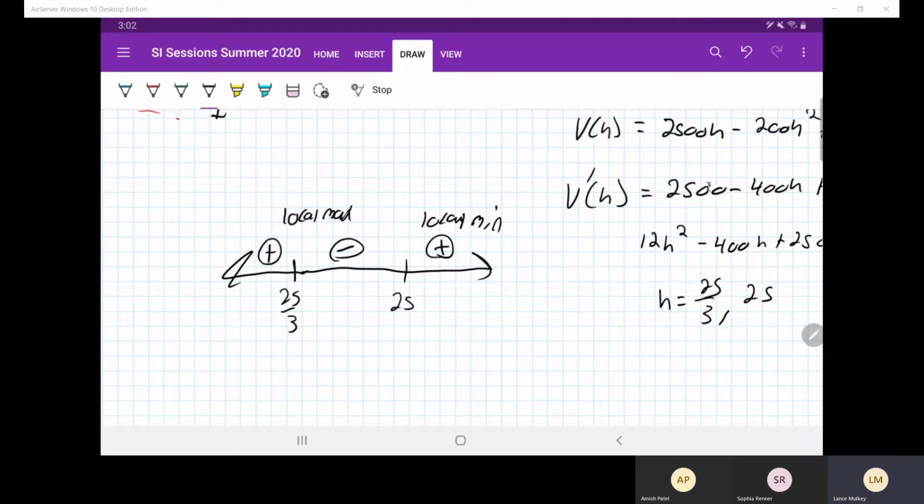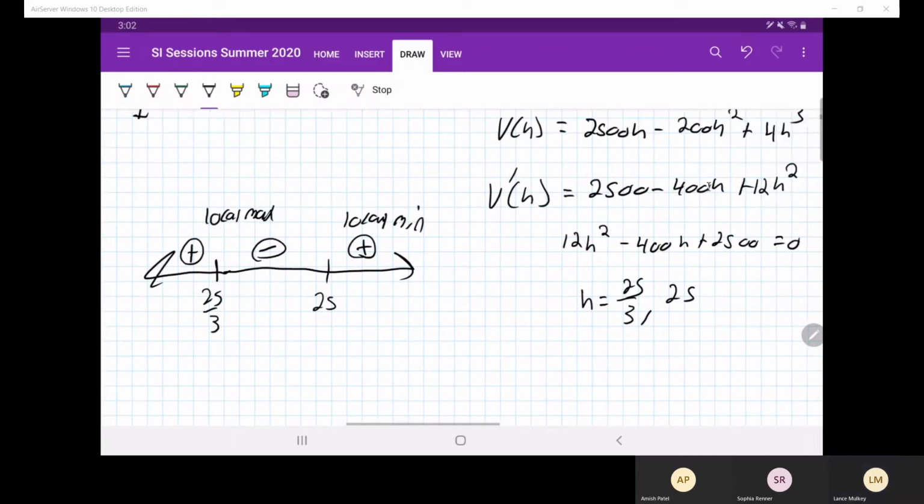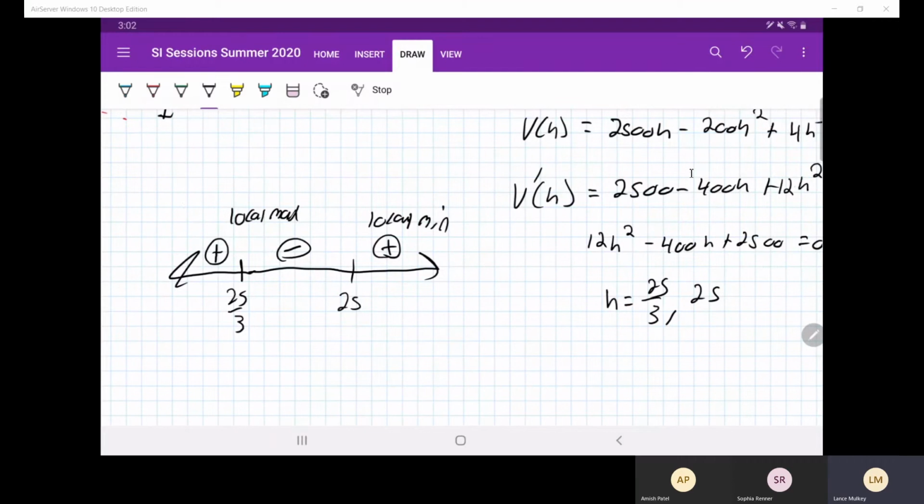And actually, this is going to be an absolute... See, it's increasing, then it starts to decrease, then it... You did the second derivative.